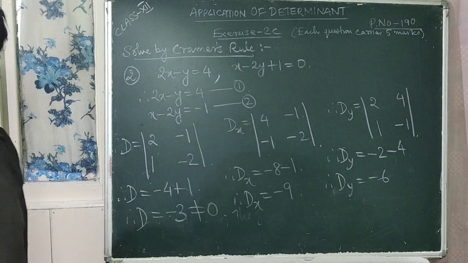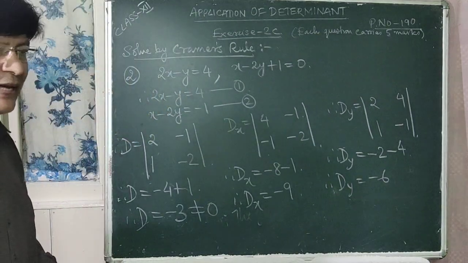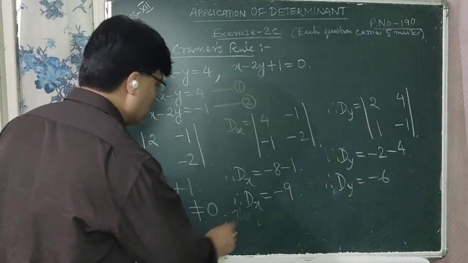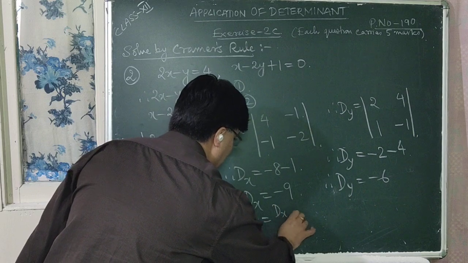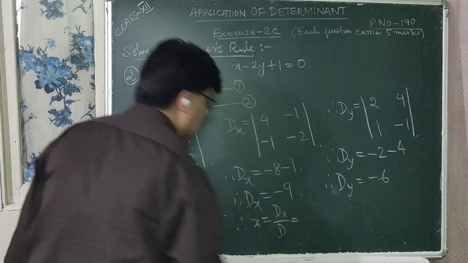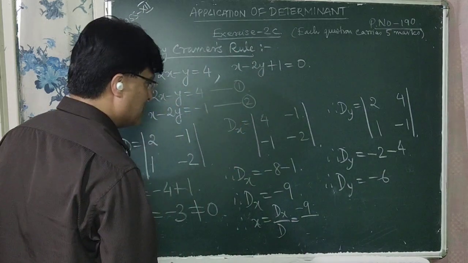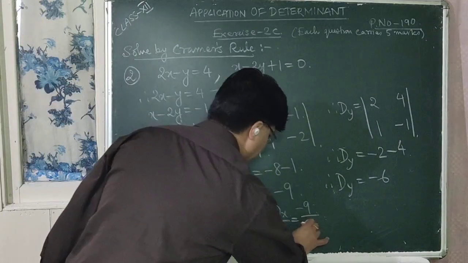Is it clear? So now we have to get the values of x and y. From Cramer's rule we know that x is equal to, what is the formula? dx by d. What is dx in this case? Minus 9 divided by, what is the value of d? Minus 3.